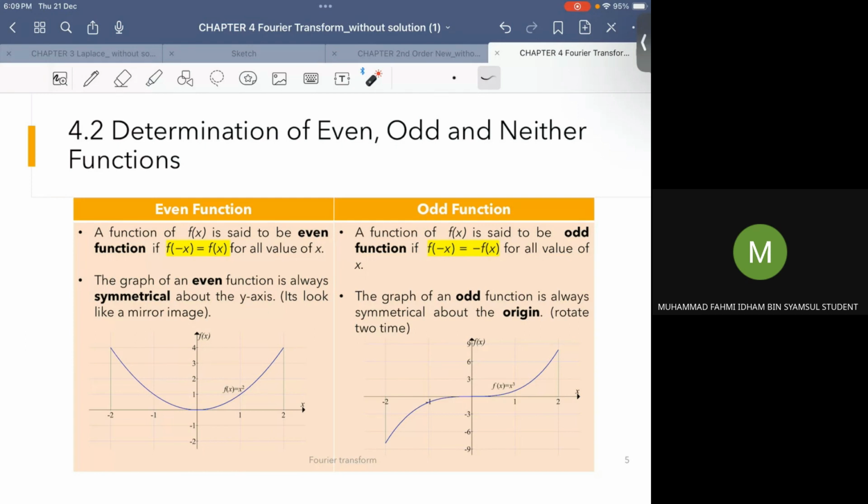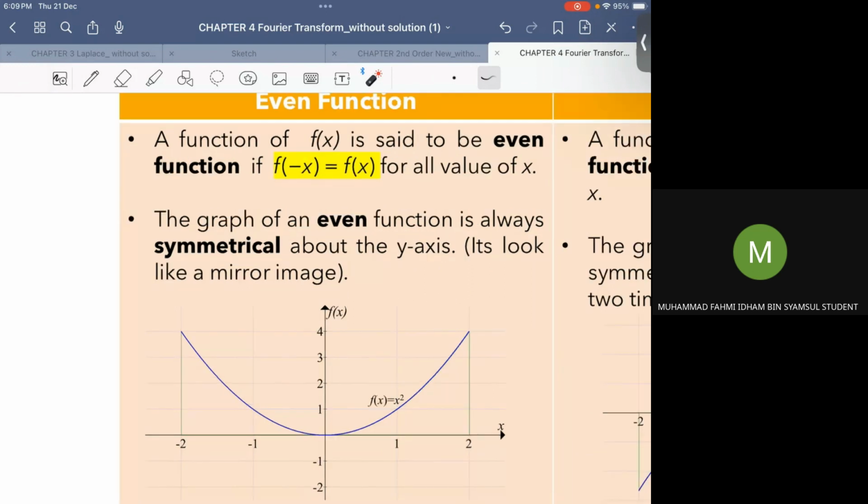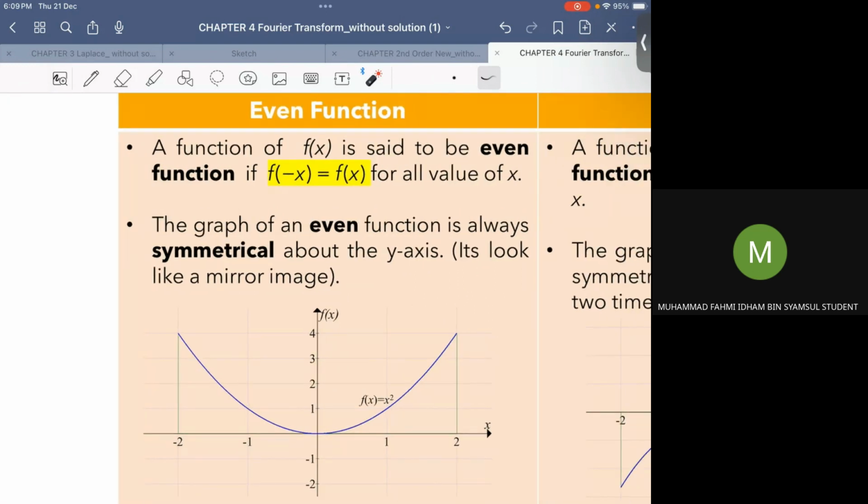So first, let's see what is an even function. So a function of x, f(x), is said to be an even function if f(-x) equals f(x) for all values of x.